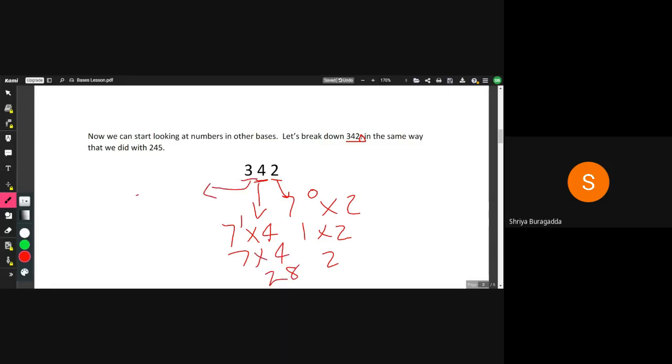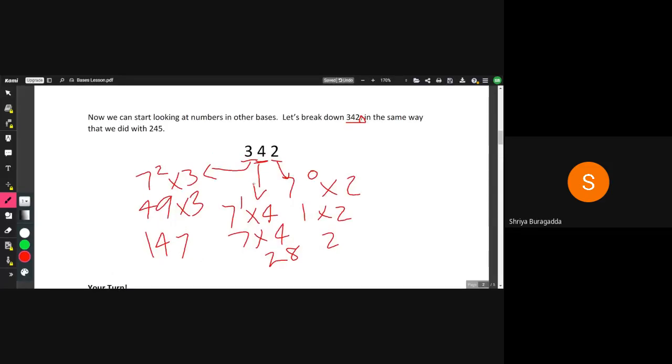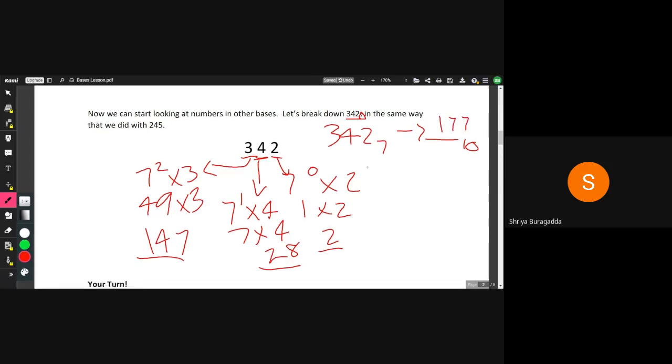And then this one would be 7 squared times 3. It's 49 times 3, 147, if I'm correct. So to get 342 from base 7 to something in base 10, you would add up 147, 28, and 2, and that adds up to 177 in base 10.